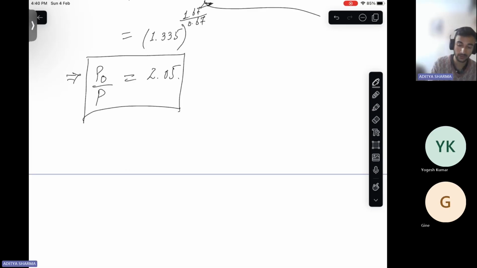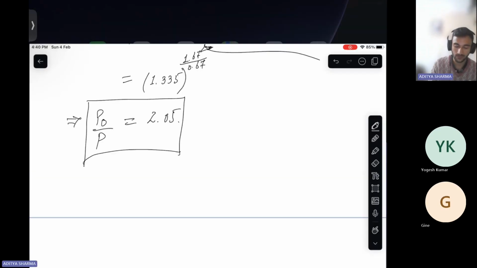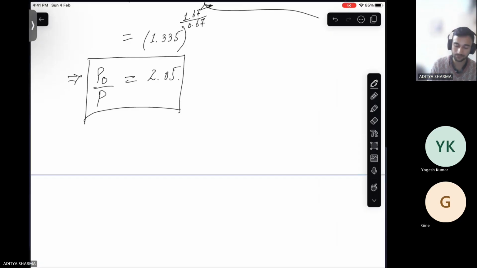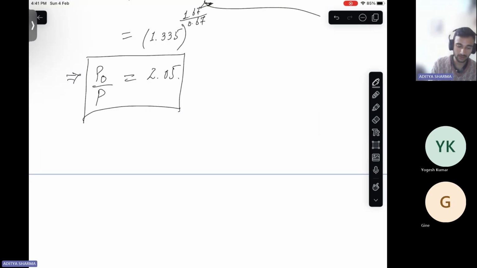Then we need to find the minimum reservoir pressure. That is nothing but the stagnation pressure, because in the reservoir the helium gas will be in the state of rest, and that is the definition of stagnation pressure.